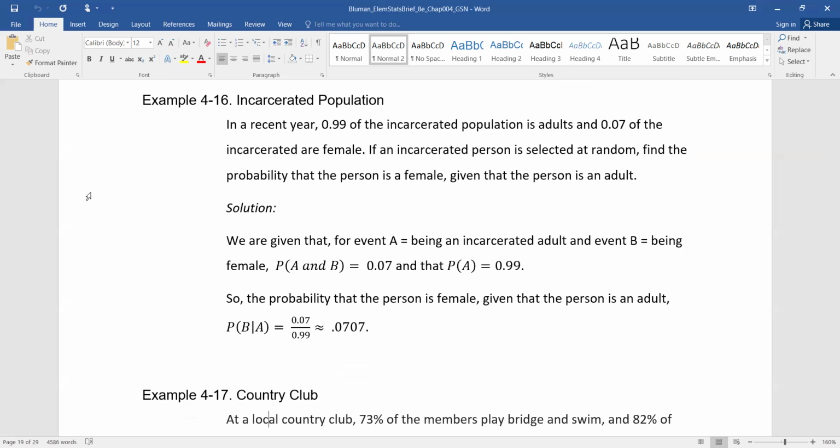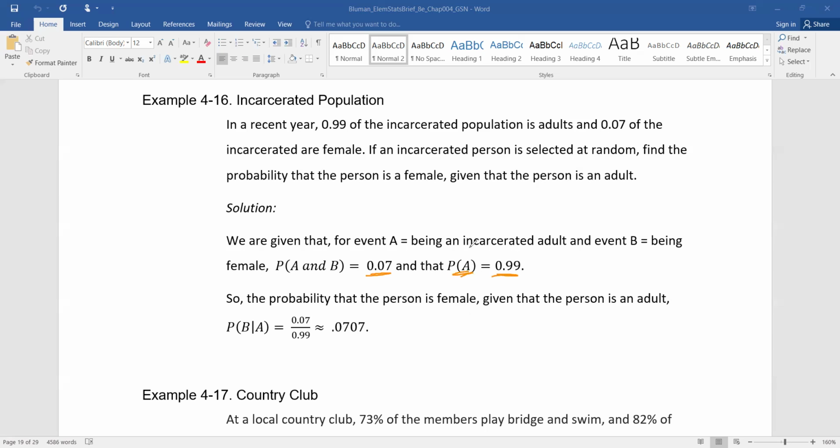If an incarcerated person is selected at random, find the probability that the person is a female given that the person is an adult. So here we go. When we're given the event A being an incarcerated adult and event B being female, we're looking for this probability. So the probability of event A and event B we know is 0.07 and the event A is 0.99.